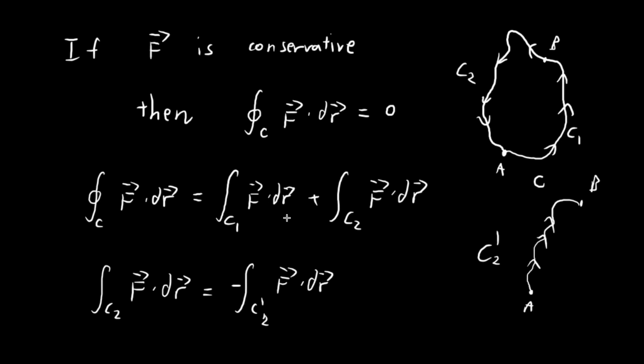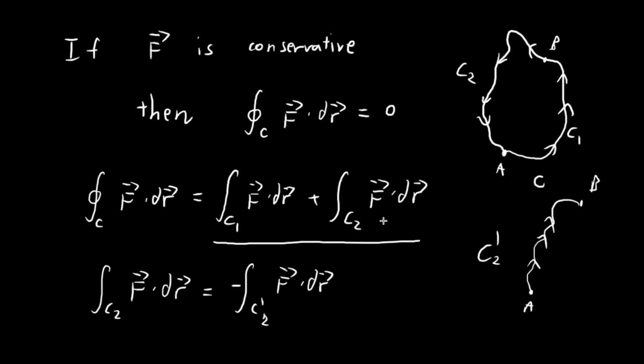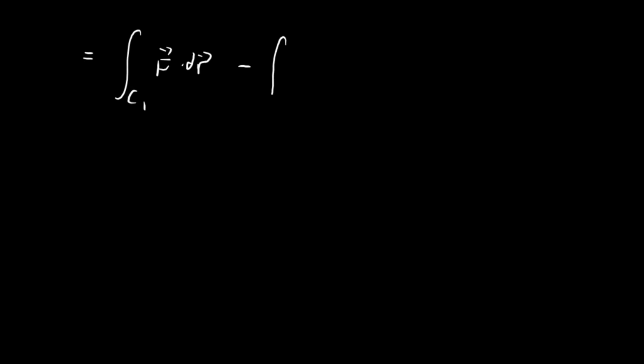With that said, we can now rewrite this expression as being equal to the line integral along C1, and instead of writing the line integral along C2, I'm going to write minus the line integral along C2 prime.